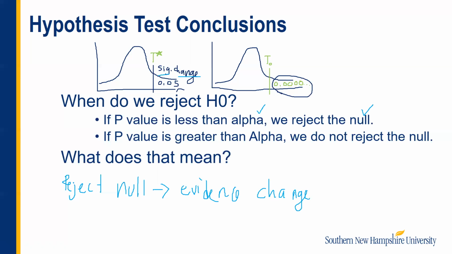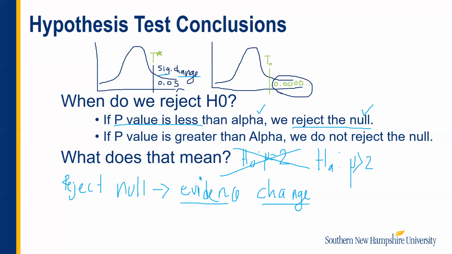So I'm going to pull up our null and alternate again. H0 said that it was still 2 hours of gaming per session. HA said that it was bigger than 2 hours of gaming per session. So if the p-value is less, and we're rejecting the null, there's evidence that it's gotten bigger.